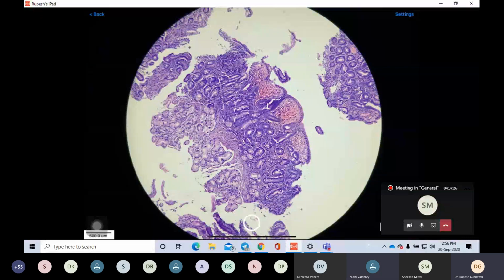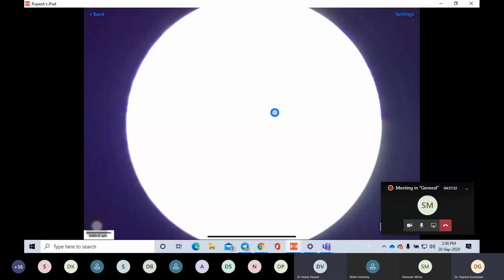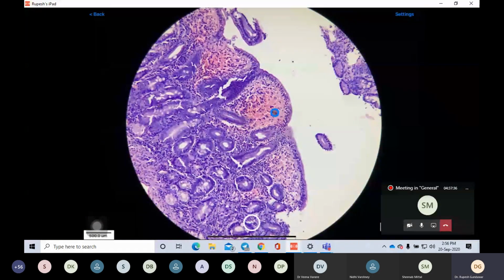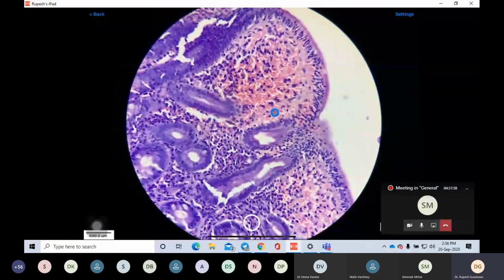Yeah, broad. Okay, right, they are broad. The crypt hyperplasia is evident. So obviously, we will evaluate whether the IELs are increased. This is the higher power view of IELs. You can see lymphocytes after every 3 or 4 enterocytes. That means intraepithelial lymphocytes are increased, with hyperplasia.